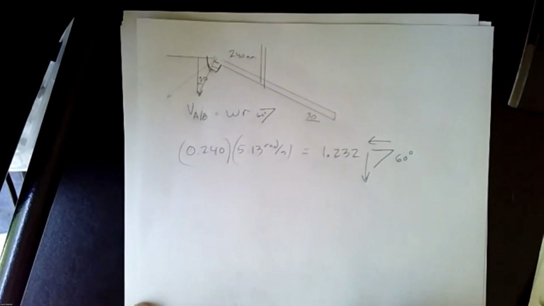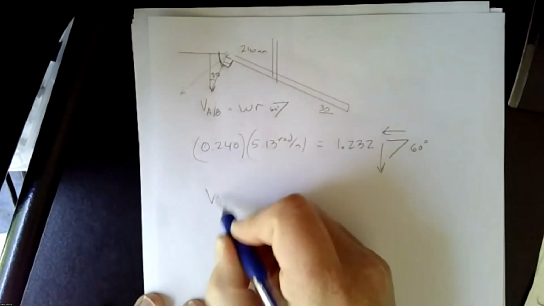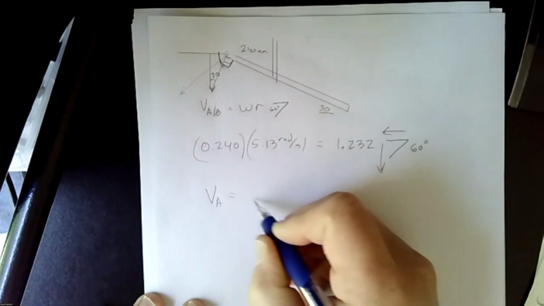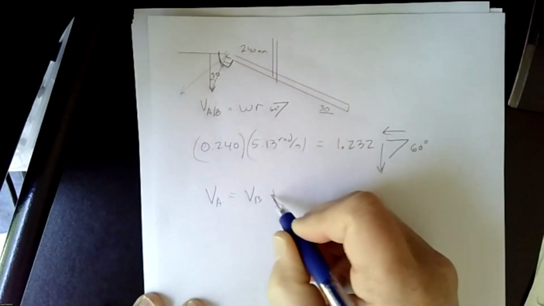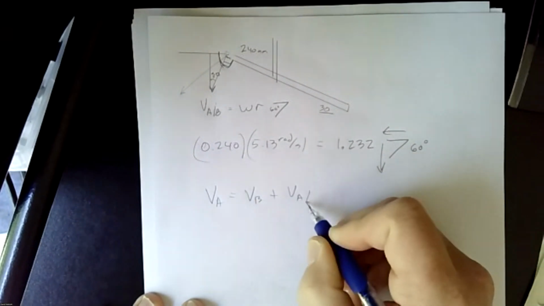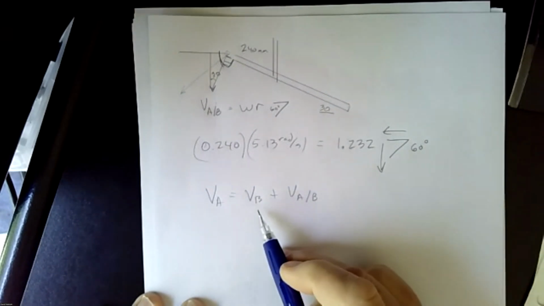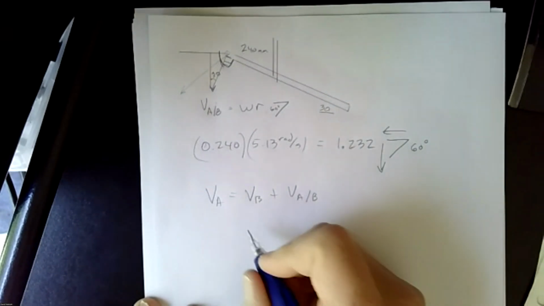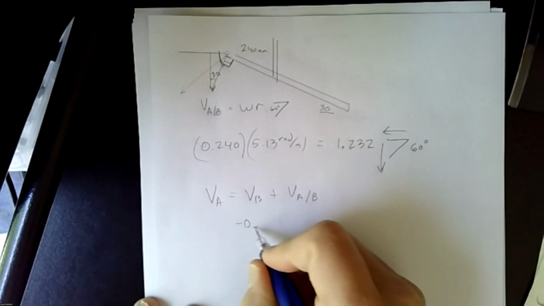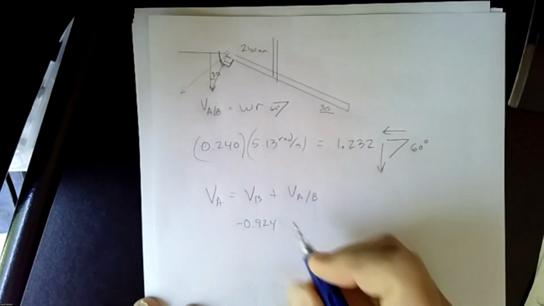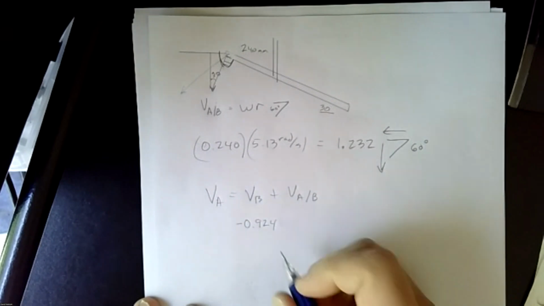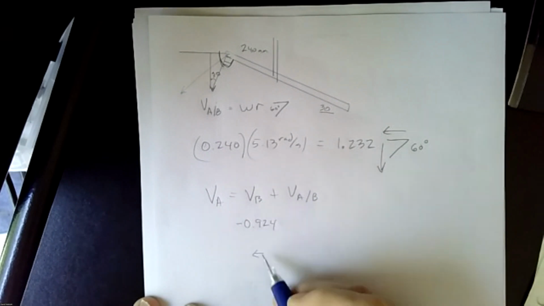So if we set this up, then we say velocity of A equals velocity of B plus velocity of A relative to B. So we already figured out the velocity of B. That was negative 0.924, right? Because it was going in that direction.